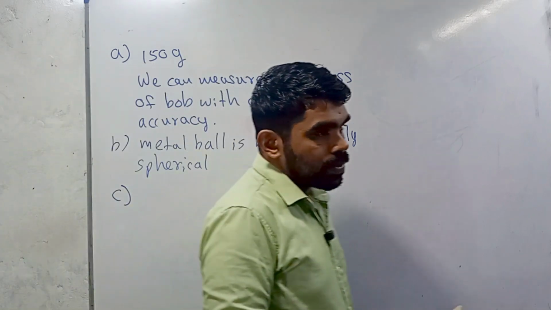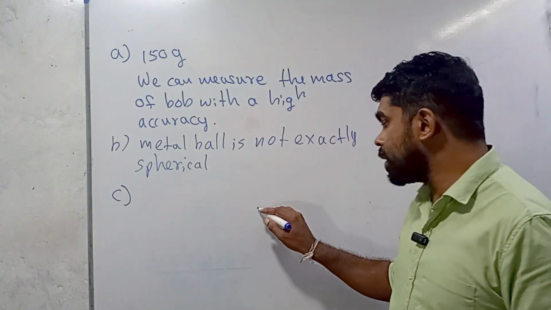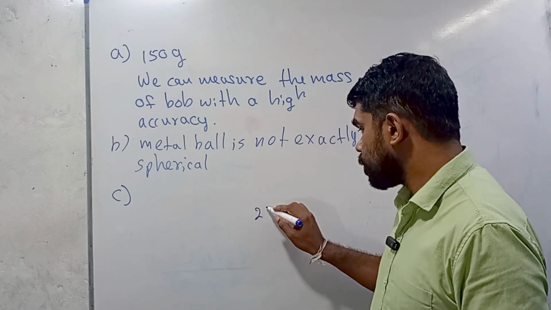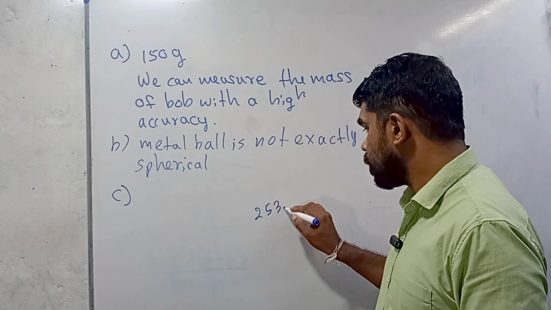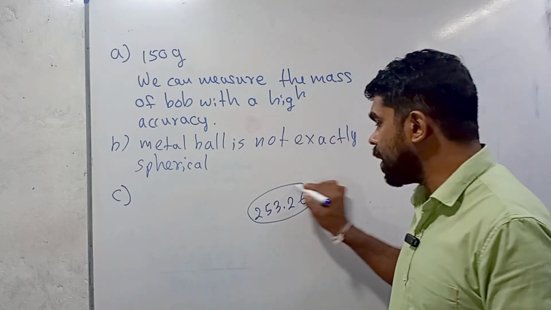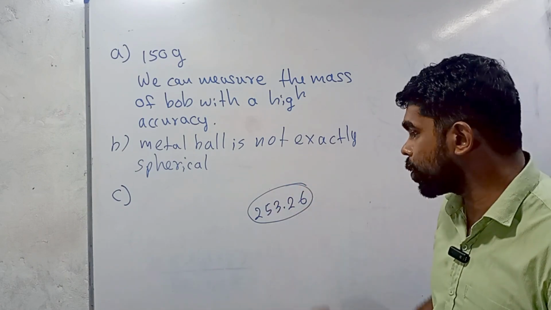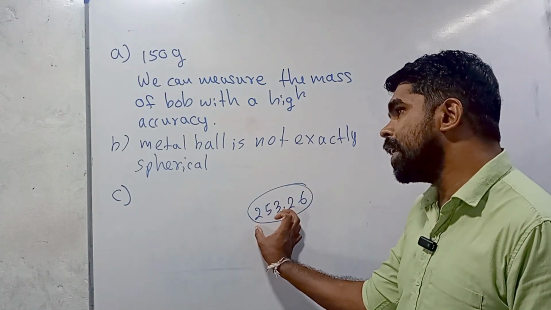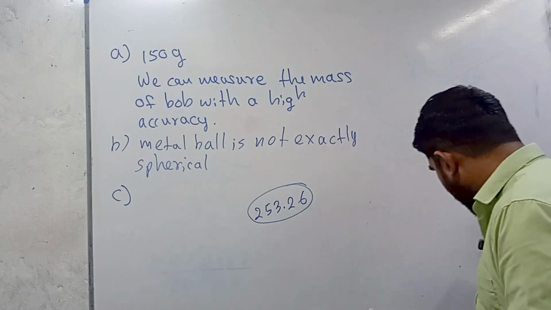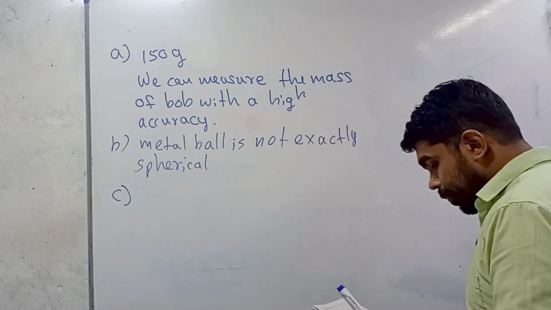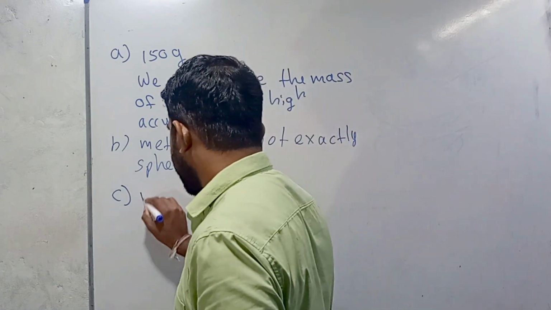But if they have given a value like this, we can't get this reading by using a micrometer screw gauge, because this reading is greater than the maximum reading of the micrometer screw gauge.